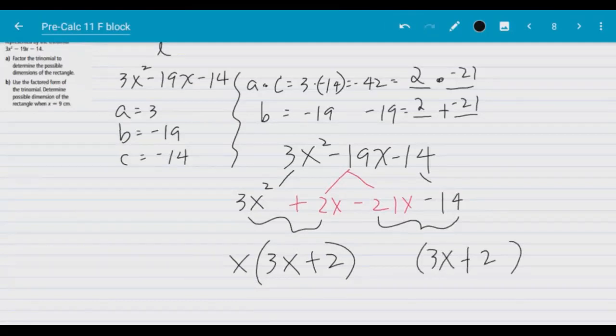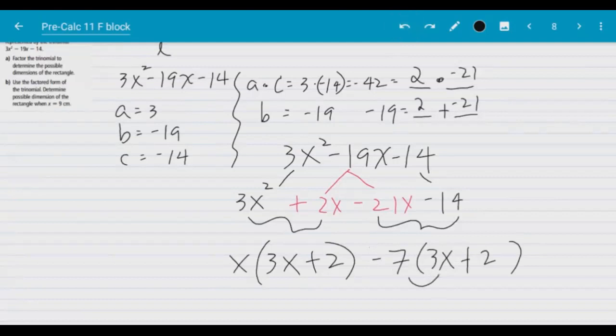So really, all you need to figure out now is what would be the number that you would be multiplying this 3x by, all right? And that would be the number here, such that it will be equal to negative 21x. And I hope you have seen that, oh, that would be a negative 7. Because negative 7 times 3x is negative 21x.